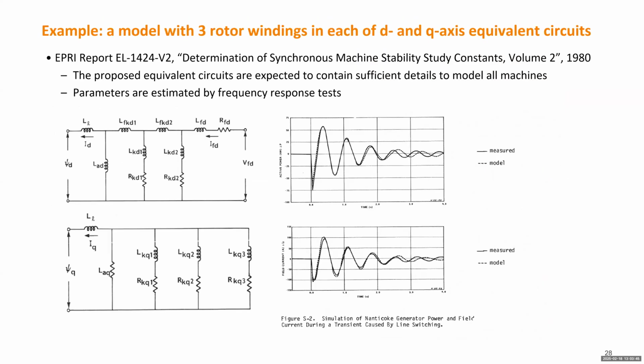So this is just the last slide I presented, showing this equivalent circuit so far is almost like the most accurate circuit you can use in any stability study. Okay, so if you give every inductance or resistance a value, this circuit will have 3 branches for the D axis circuits for the rotor and 3 branches for the Q axis circuits for the rotor.